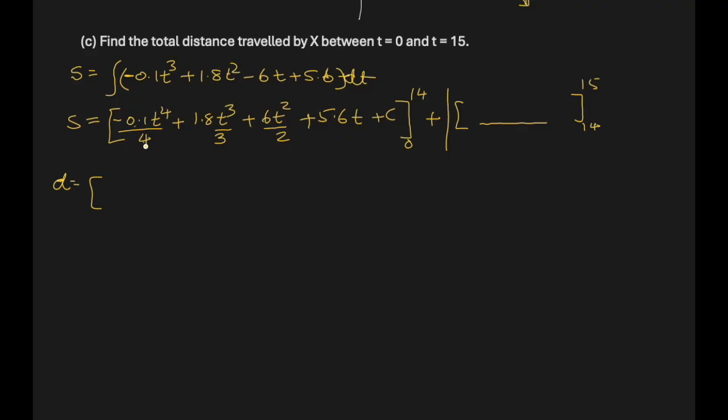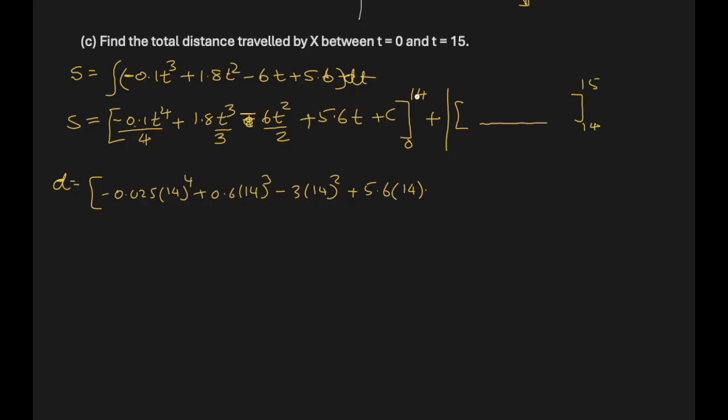So 0.1 divided by 4 will be 0.025: minus 0.025 times 14 to the power 4, plus 0.6 times 14 to the power 3, minus 3 times 14 square, plus 5.6 times 14.